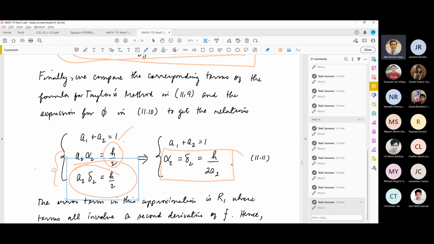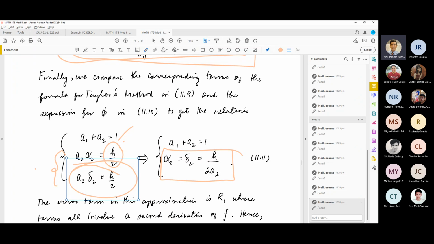Kasi siya ay order 2 approximation sa Taylor's method of order 2. And you will see na kapag pinlogin ko itong mga value na to, wala ng computation ng partial derivatives or total derivatives. And that is nice because this method is of order 2. Kasi order 2 approximation nga siya ng isang order 2 method.